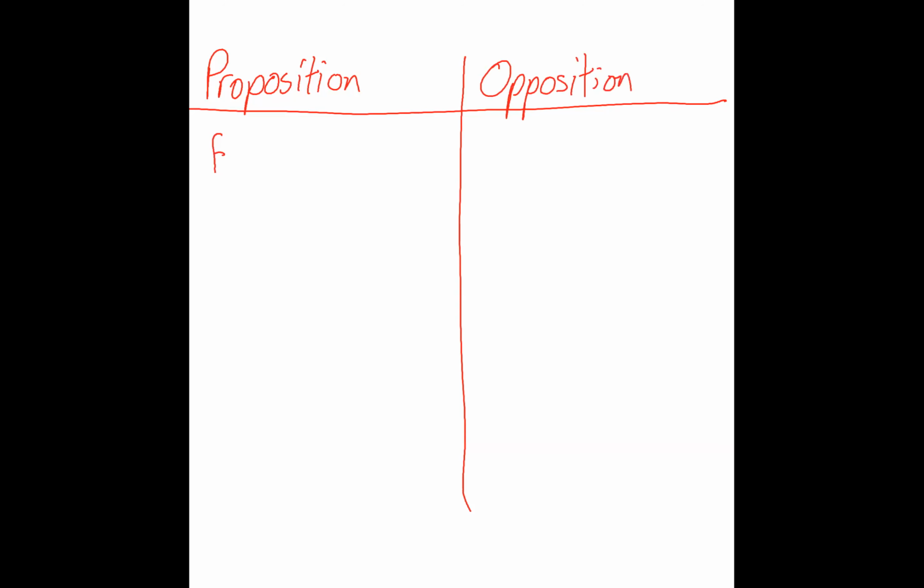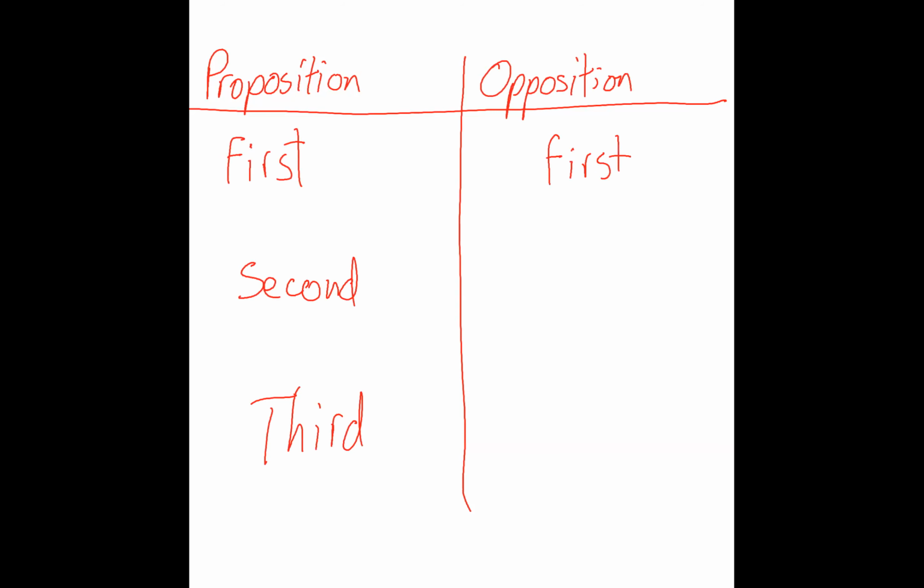And we have first, second, third, and first, second, and third. Because the propositions support the motion, no fourth. Usually debate teams are just three. I think in some special cases it can have four or five, but for like 99% of the time, I believe there's only three speakers on a debate team.